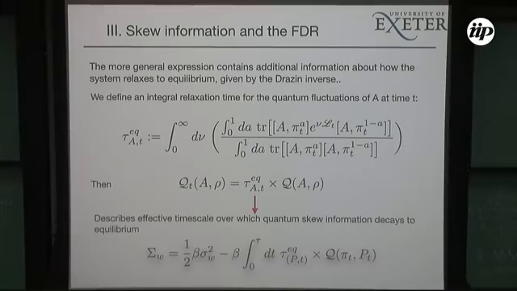For more general Lindbladians, it gets modified slightly. This is a complicated expression, but the point is that with a general Lindbladian, you get an extra factor in front of the skew information, which quantifies a time scale over which the off-diagonal terms decay to equilibrium. So our correction is still the skew information, just weighted by this extra time scale, which depends on the bath.